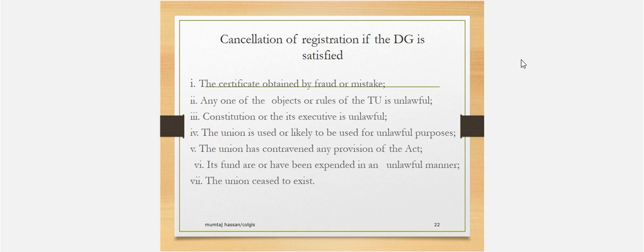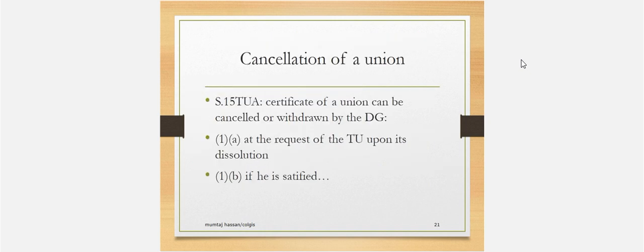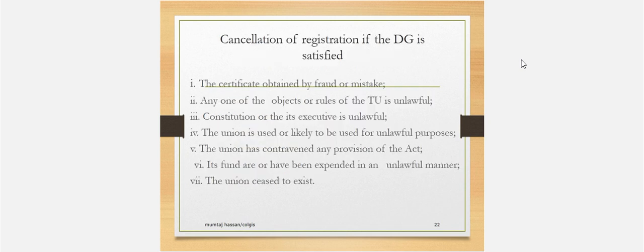Or the object or the rules of the trade union are unlawful, or the constitution or the executive is unlawful, or the union is used or likely to be used for unlawful purpose, or the union has contravened any of the provisions, or the fund has been expended in an unlawful manner, or the union ceased to exist. So this is for the Director General to cancel the registration. Okay, so the registration can be cancelled by the trade union itself or by the Director General on these reasons. 1, 2, 3, 4, 5, 6, 7 reasons.